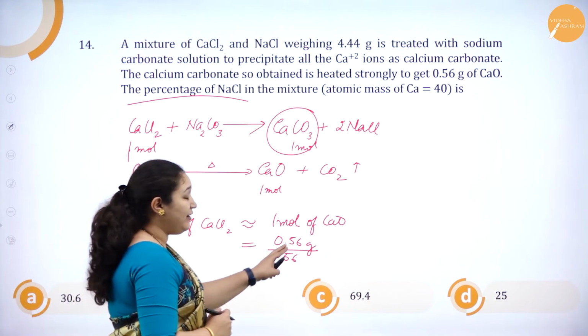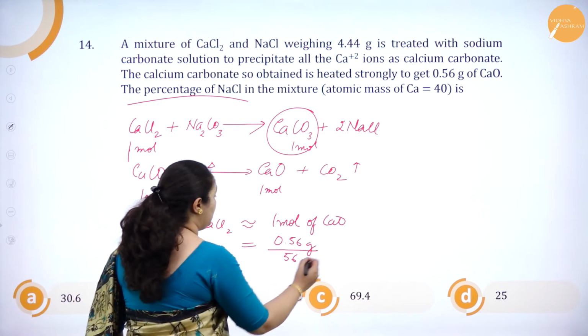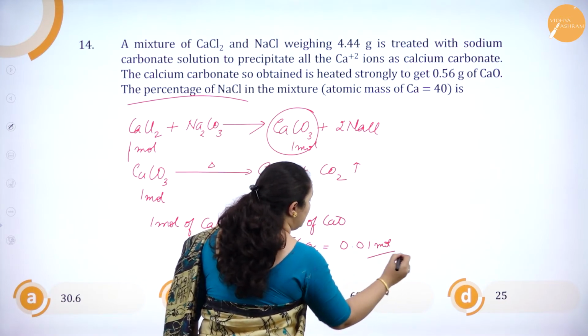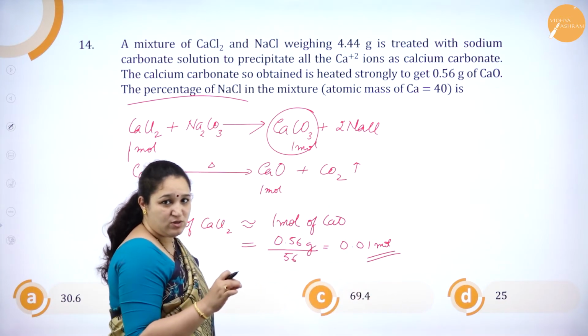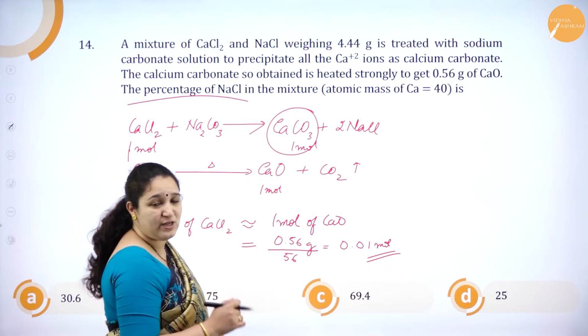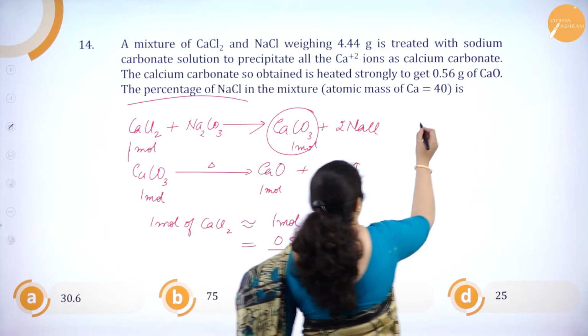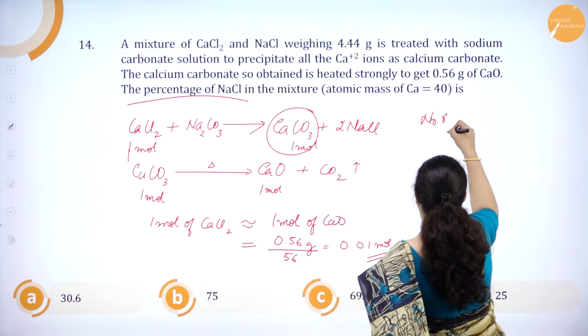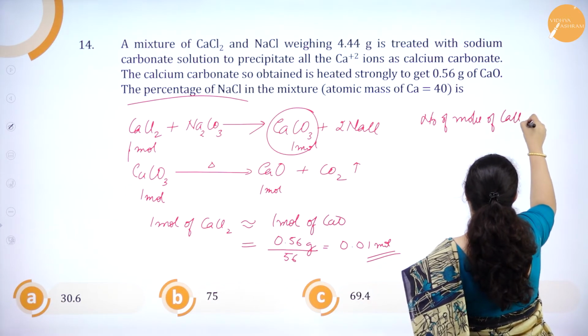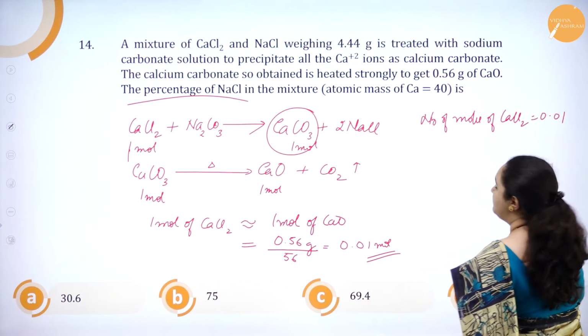So 0.56 divided by 56 is 0.01 moles. If I have 0.01 moles of calcium oxide, then I should have 0.01 moles of calcium chloride also. So the number of moles of calcium chloride is 0.01.